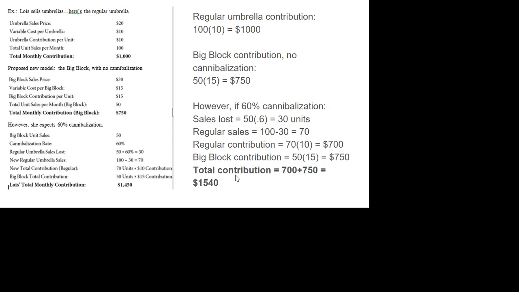Okay, so the question is, should she add the Big Block? And the answer is still yes, because her total contribution is going to go from $1,000 if she sold just the original brand to $1,450 by selling both, even though there would be some potential sales loss because of the cannibalization issue.